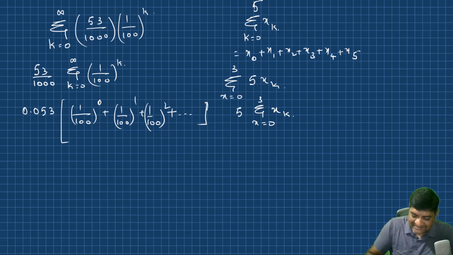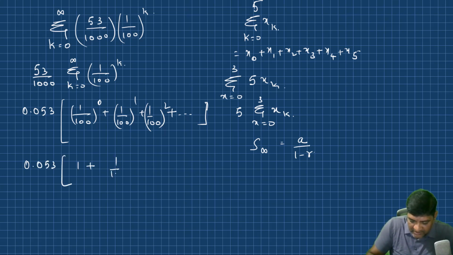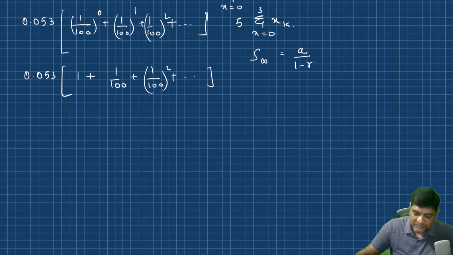Now what is this? This is nothing but a GP, and the common ratio of the GP is 1 over 100, and what we are looking at is the sum to infinity of a GP. What I know is the sum to infinity of the GP is a divided by 1 minus r. So I can write this as 1 plus 1 over 100 plus 1 over 100 raised to the power of 2 till infinity, and I know that the first term is 1 and the common ratio is 1 over 100.